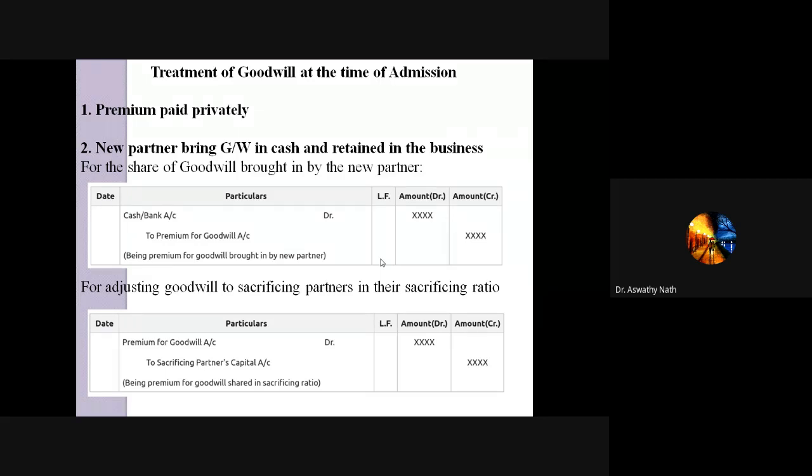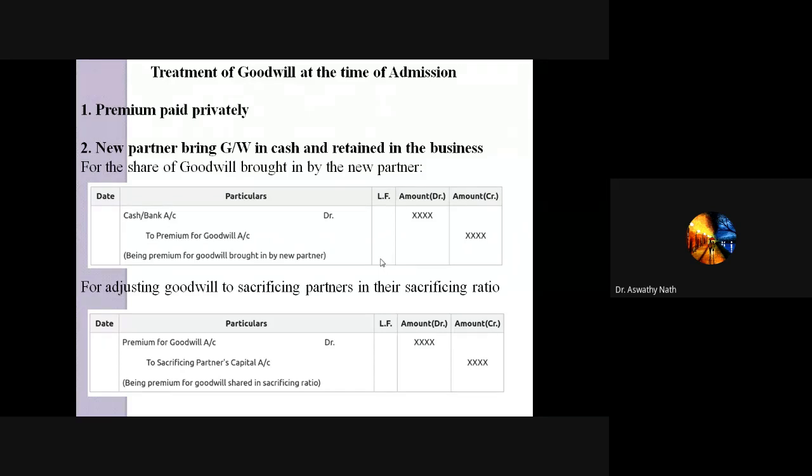But the second case is the new partner bringing goodwill in cash and it is retained in the business. So he brings goodwill in cash and the amount of goodwill is retained in the business also. You have to make two journal entries, and this is very important for your exam.